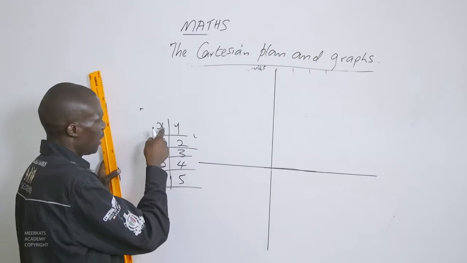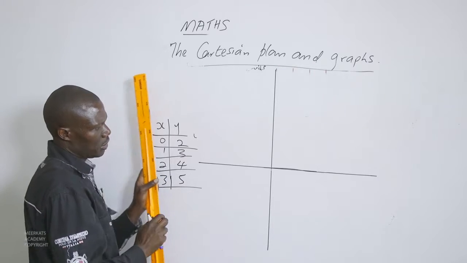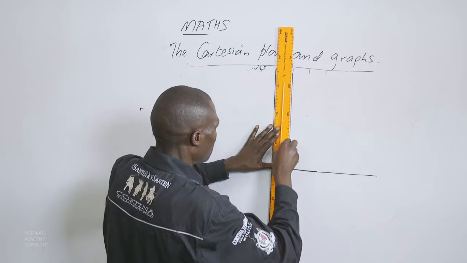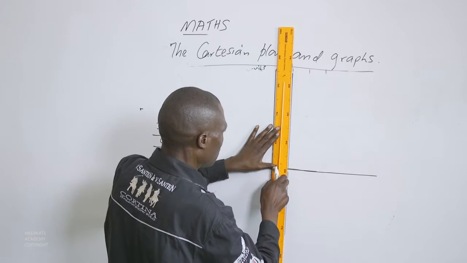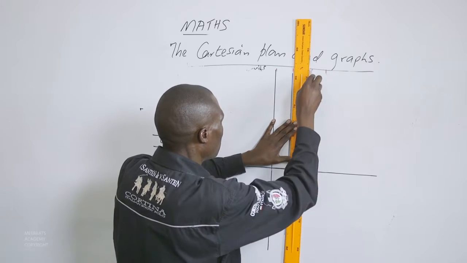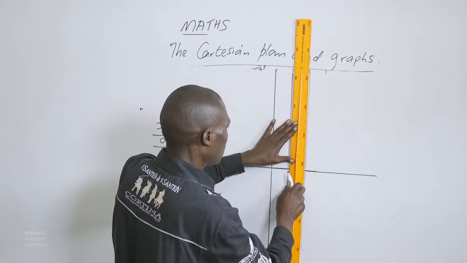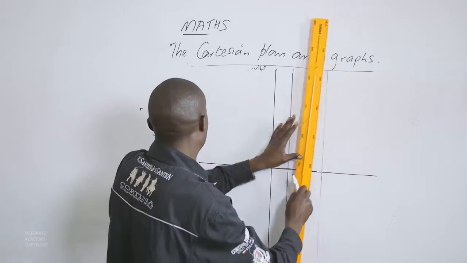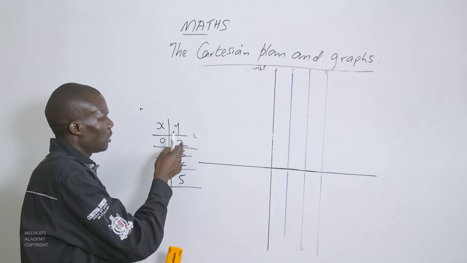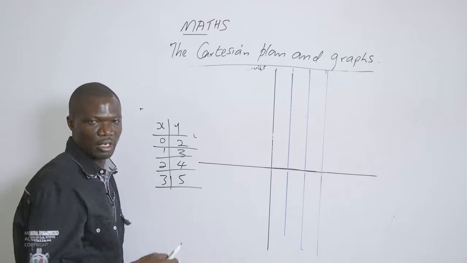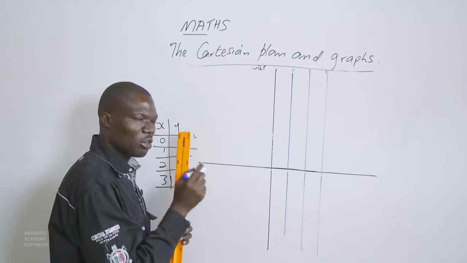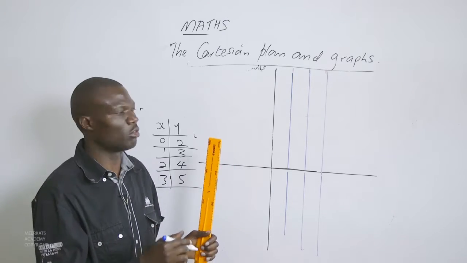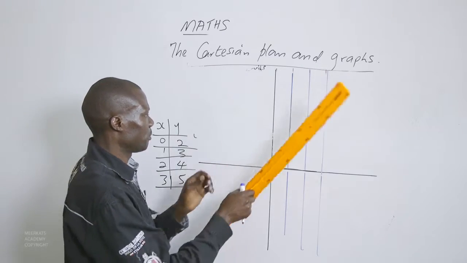You realize that on the x-axis we are going from 0 to 3. And now on the y-axis is between 2 and 5. But because the origin remains the origin, do not start from 2. You have always to start from 0 as you move on.